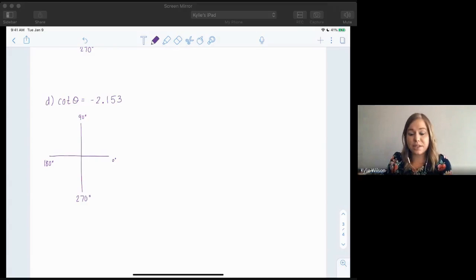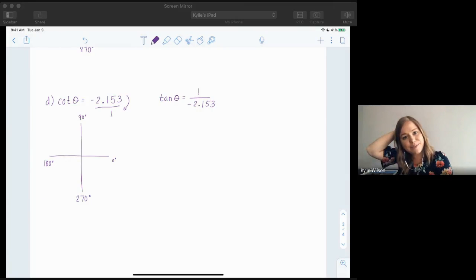So we'll find our related acute angle. Again, we do not have a cotangent button, so we need to switch this to tan. And because cotangent is 1 over tan, if I want to go back to tan, all I do is put this on the bottom of a fraction. There's a 1 under here, and I just flip that. Yeah, Dustin, you can take your question.